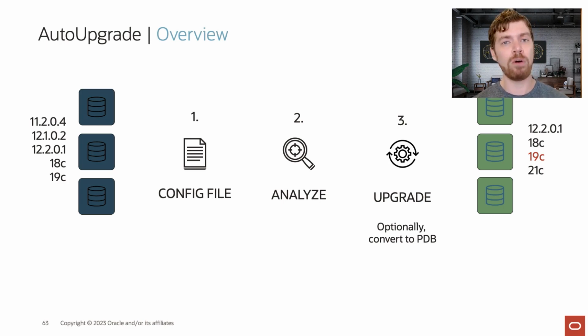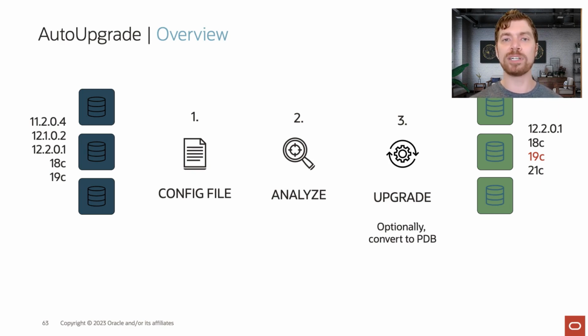And finally, we call the AutoUpgrade tool, which optionally can also convert to the PDB architecture. And then we move from a source system that can be 11.2.0.4, 12.1.0.2, 12.2.0.1, 18c, 19c, to a target release, which can be 12.2.0.1, 18c, 19c, 21c, and soon 23c.